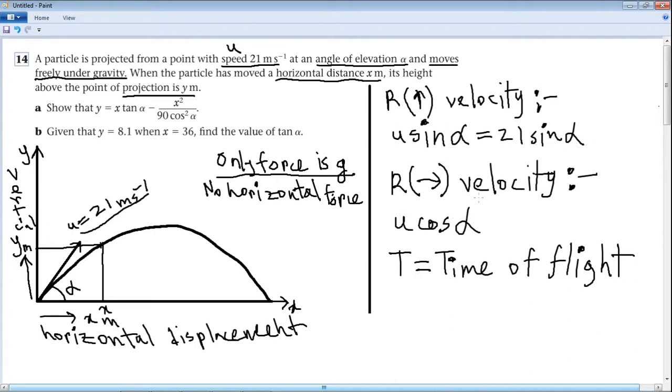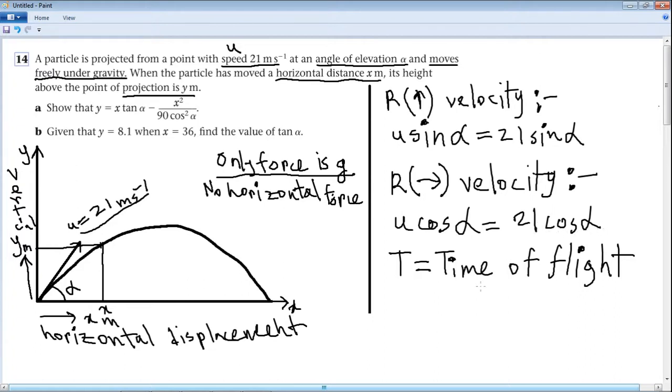And the horizontal component of velocity should be u cos alpha, which here is 21 cos alpha.